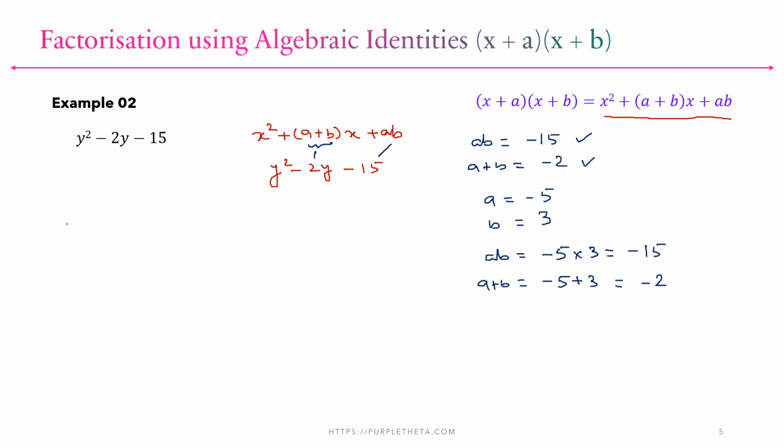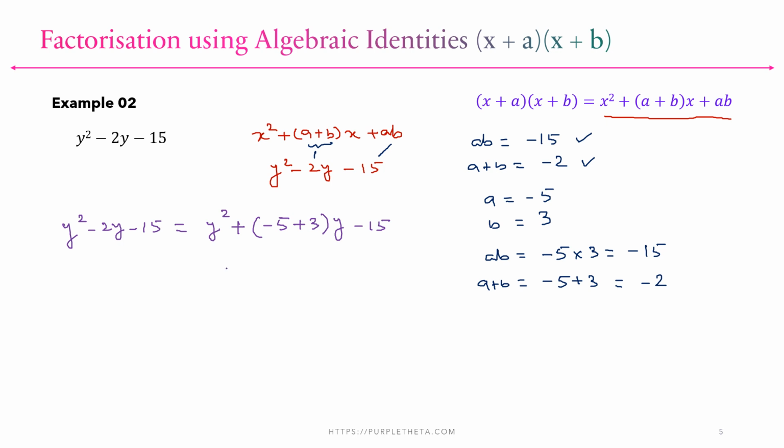Right? So y square minus 2y minus 15, I can write it as y square plus in a bracket a, that is minus 5, plus b, that is 3, y minus 15. Right? So this is nothing but y square minus 2y minus 15.